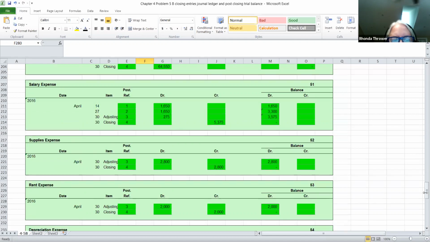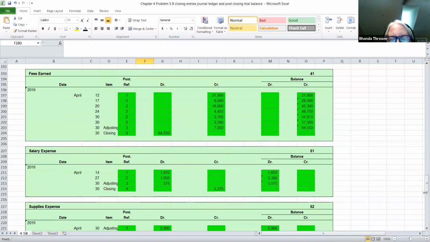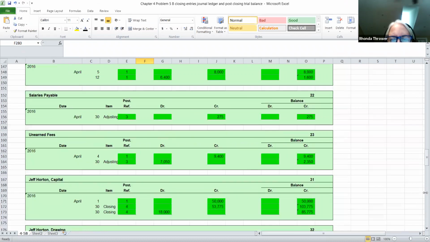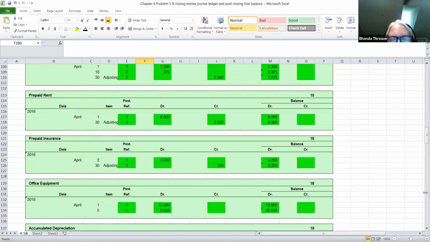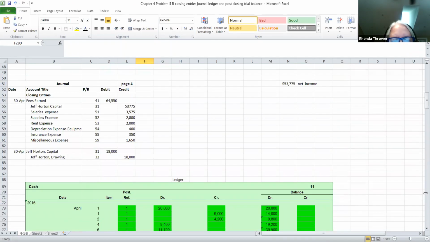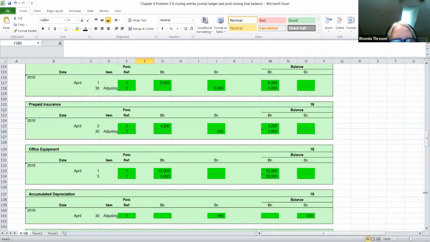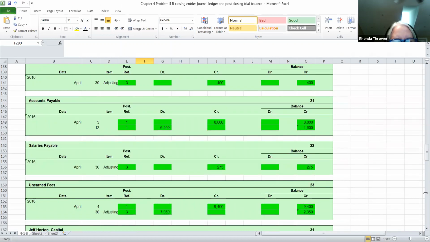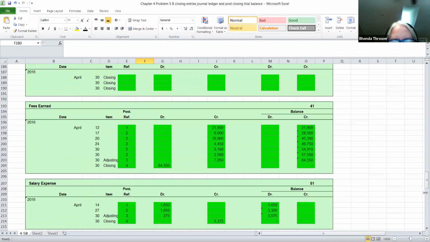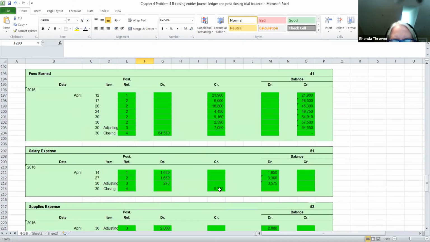Let me look at my salary expense account. That doesn't look quite right to me. It should be $35.75.